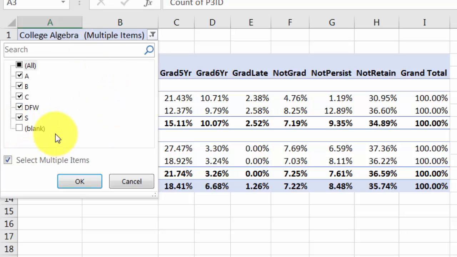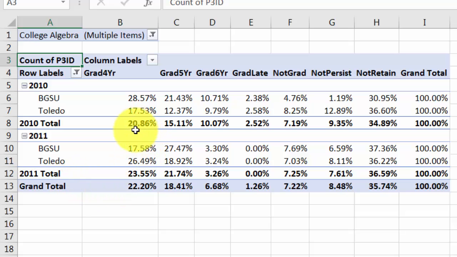So when I drop that back in place, I don't have to uncheck blank, but right now it's looking at all outcomes. So this tells me that anybody who took college algebra, regardless of the outcome, has roughly a 21% chance of graduating in 4 years or less, 10% of them graduated in 6 years, and so on.